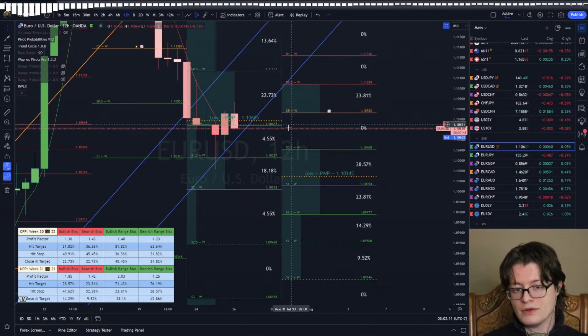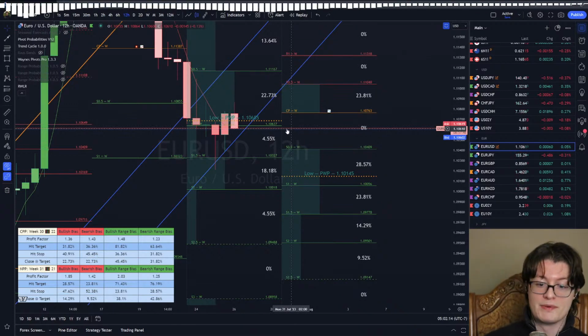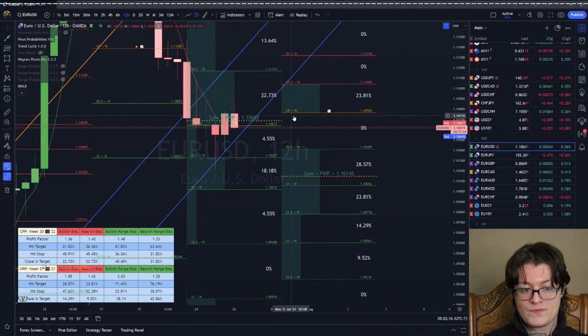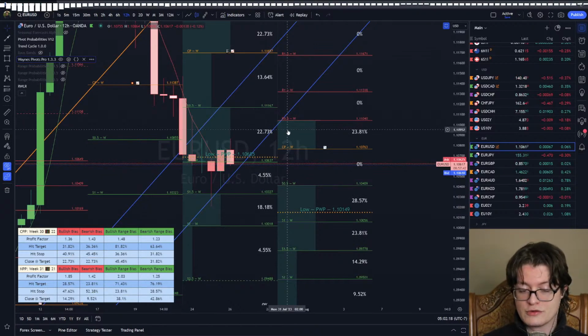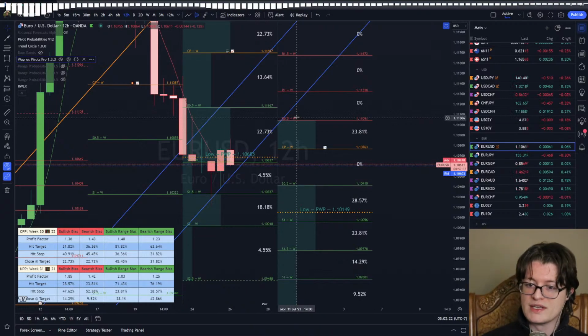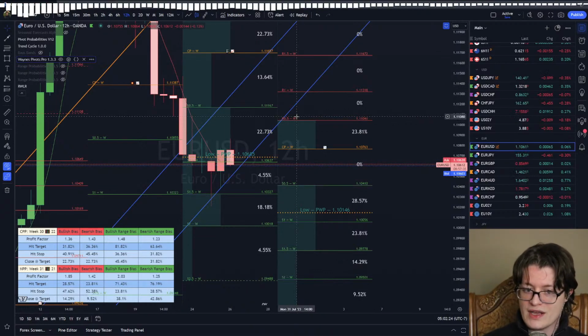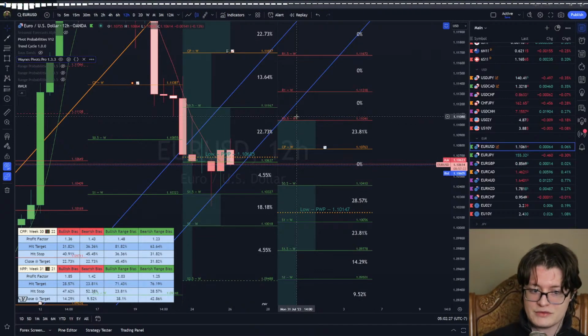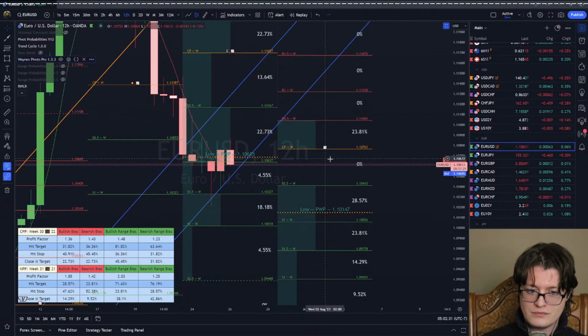If we open below central pivot, I'm going to be bearish right off the bat. If we open above central pivot, I'm going to wait maybe till we get to the 111 area and wait and see from there.